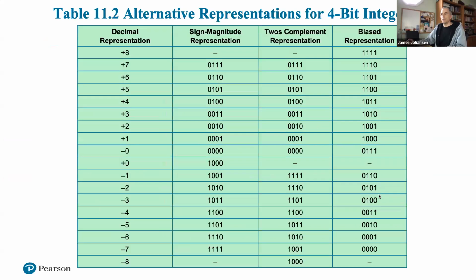So then we had this chart where we spoke about 4 binary digits, and so we can go from +8 to -8, but really you can't do both. You can't have +8 and -8 with this, and so that's one of the decisions that have to be made. What we have here is an example for the twos complement representation. You can have a -8, but you can't have a +8.